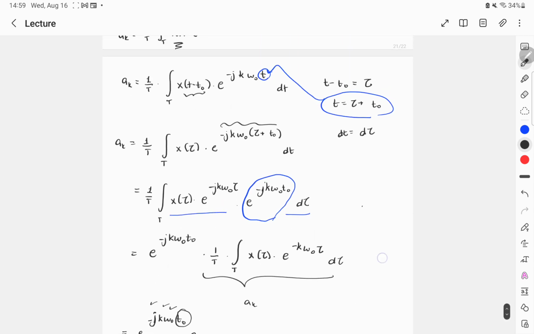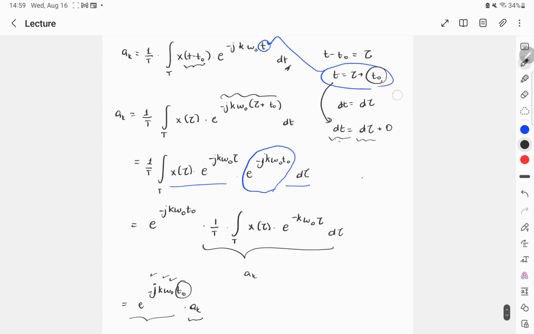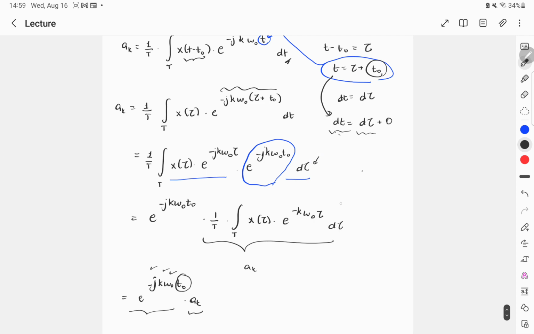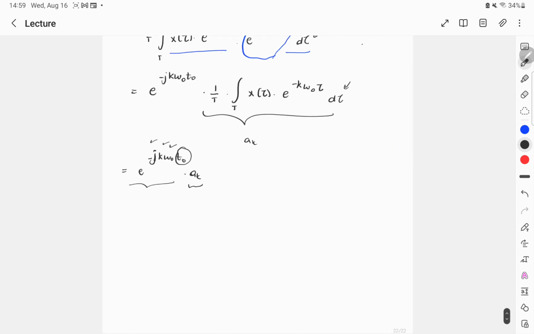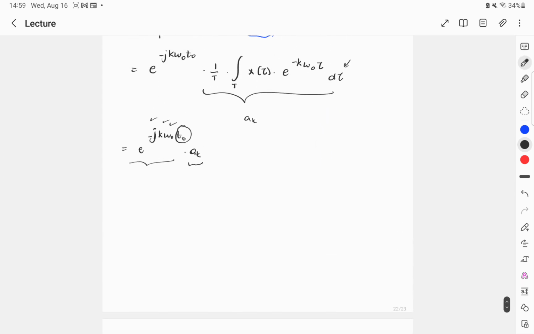And I also wanted to emphasize that here we have dt, and then by taking the derivative of both sides, dt equals d tau plus 0, because t0 is a constant, so dt and d tau are the same. That's why after this part I wrote d tau here. I just wanted to emphasize this, as I forgot in the previous part that I was explaining.